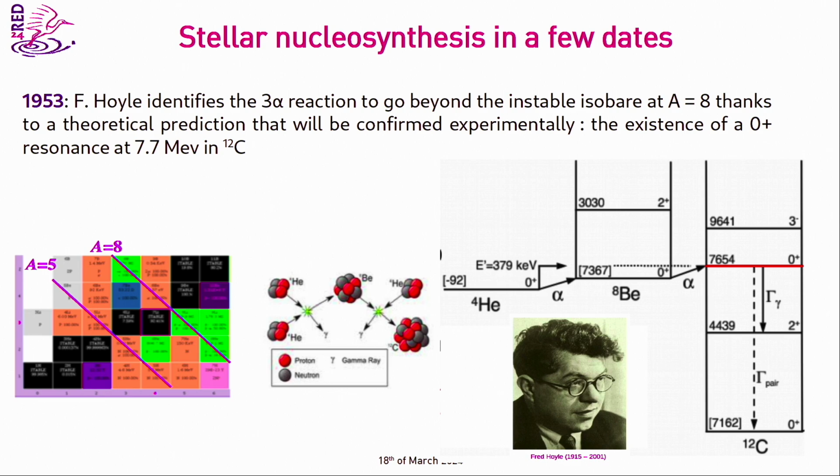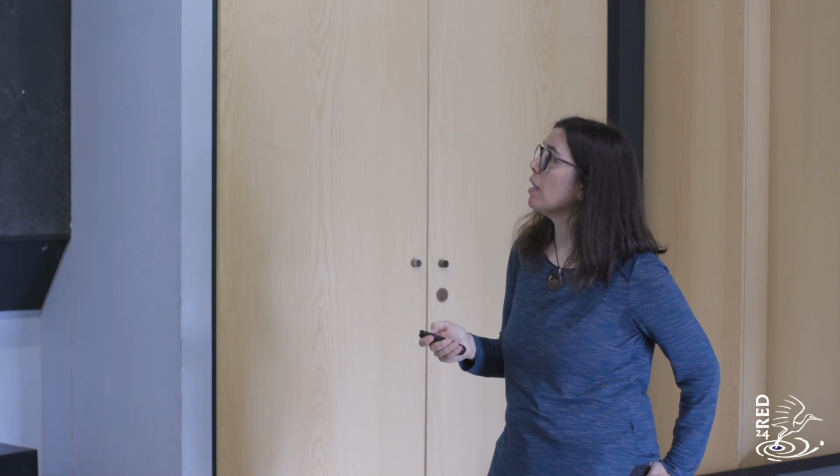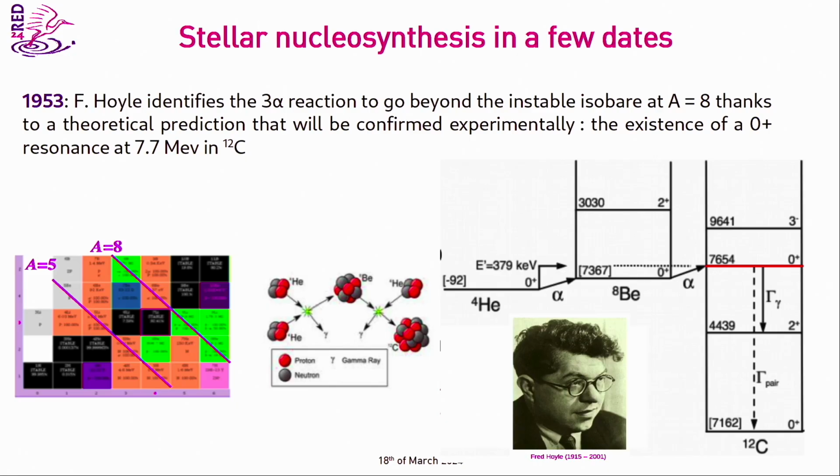The elements that we are interested in here in exobiology and astrobiology are made because of this resonance. So Fred Hoyle identified that you can put together 3 alpha particles to build carbon, and thus go beyond the unstable isobar of mass 8.